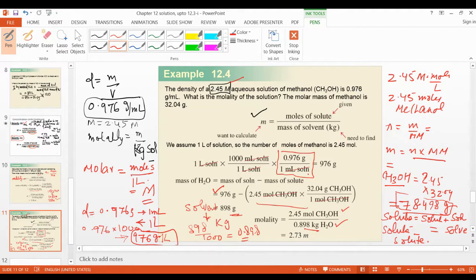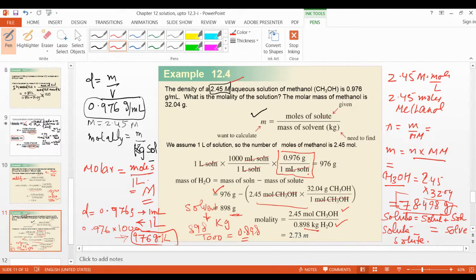Finding the mass of the solution. In milliliter, right? Density means that. Yes, the density of anything is mass per unit volume. So the density of any substance is this many grams present in 1 milliliter.